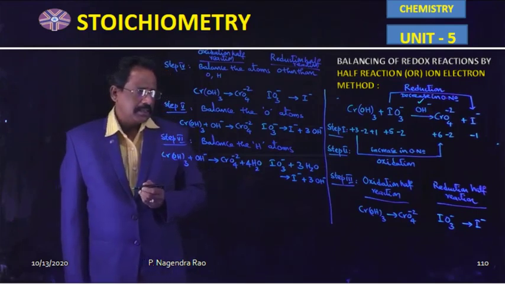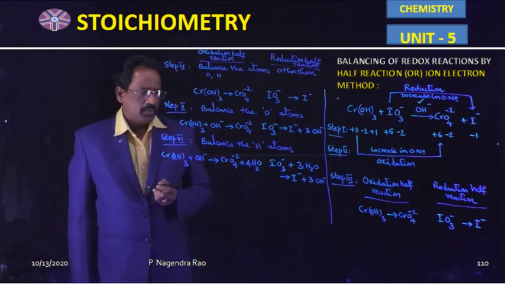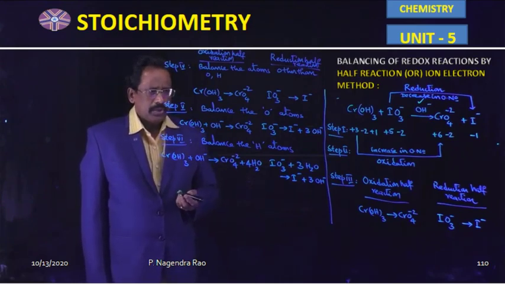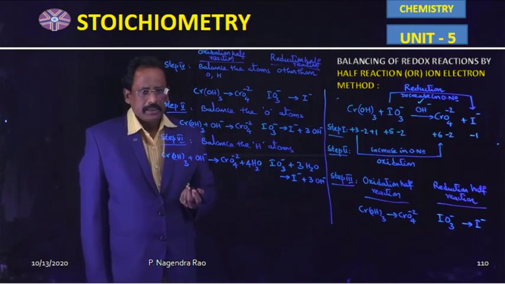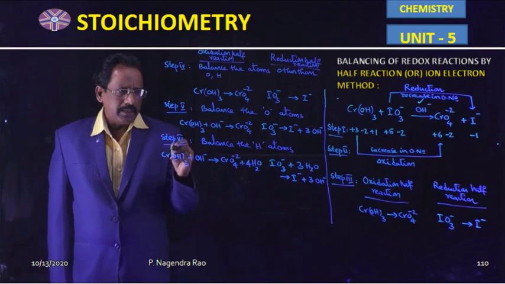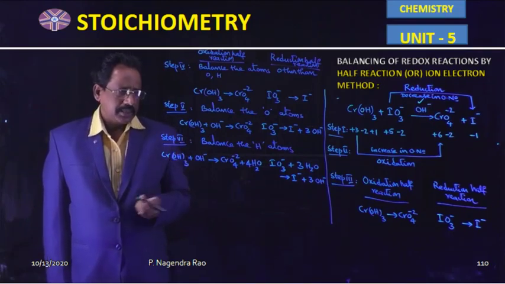IO3⁻ + 3H2O gives rise to I⁻ + 3OH⁻. After that, both oxygen and hydrogens vary by the addition of water molecules.